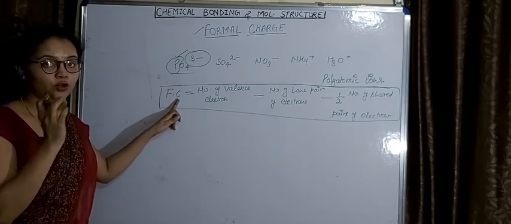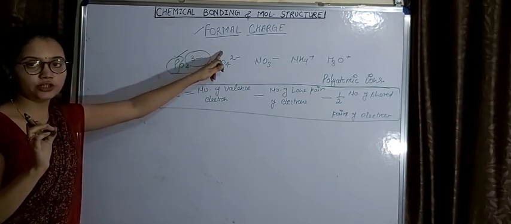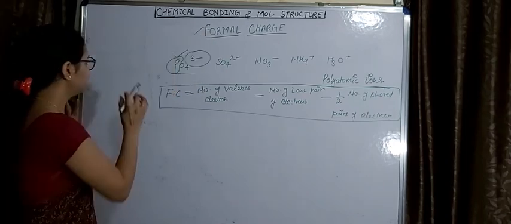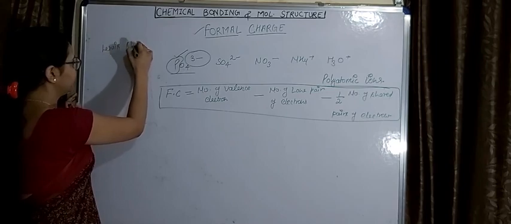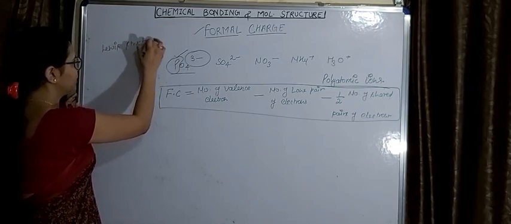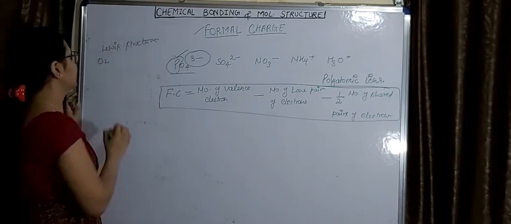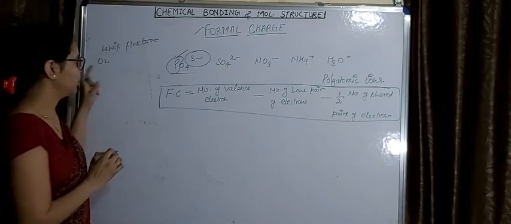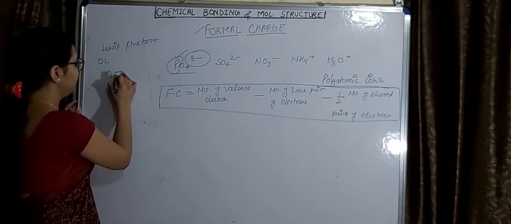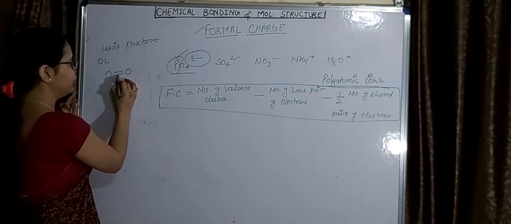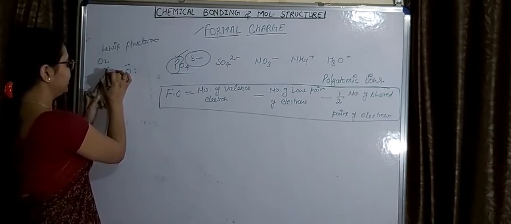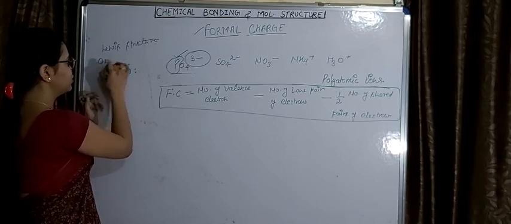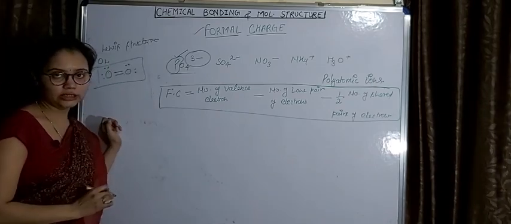Now I am going to tell you about the definition of formal charge, okay? But before the definition, see here, let's draw the Lewis structure of oxygen, okay? So for oxygen we know that 1 2 3 4, okay, 5 6 7 8, okay? So this is the Lewis structure of oxygen.